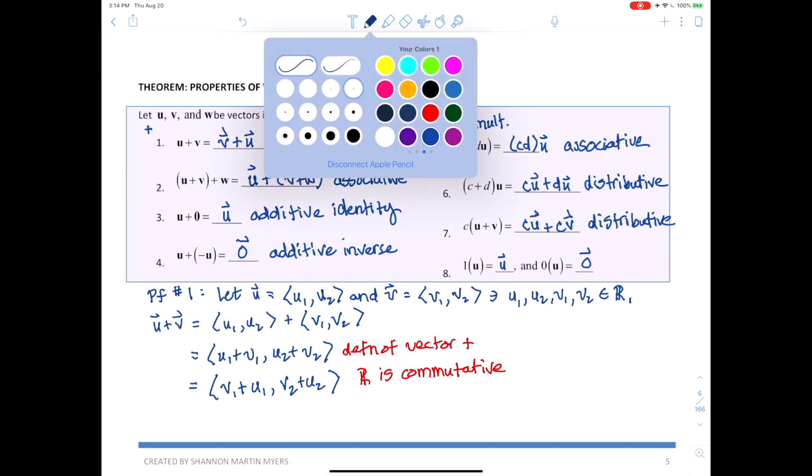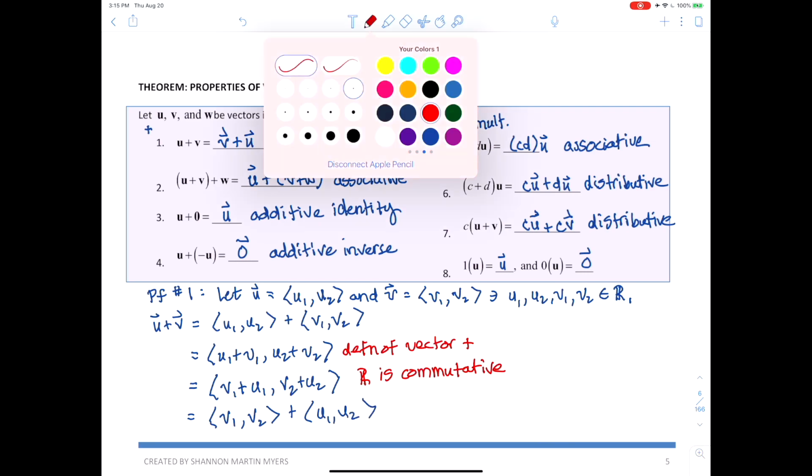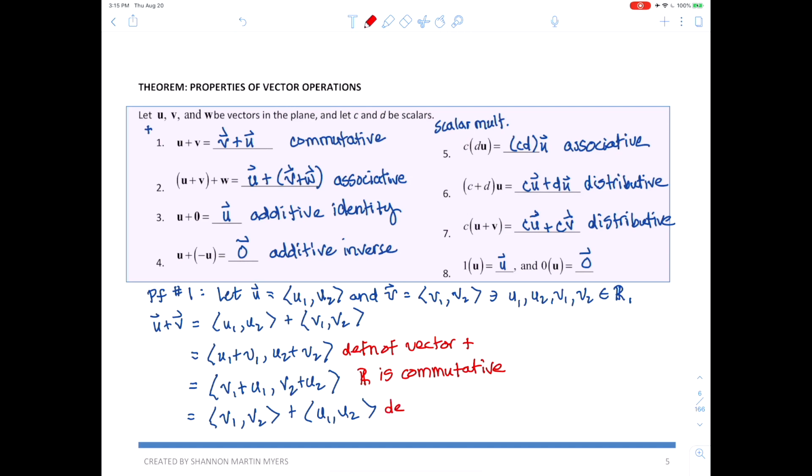And then, finally, well, what is that? Well, not finally, we got 2 more steps. We got (V1, V2) plus (U1, U2), and that's, again, by definition of vector addition, going the other way.